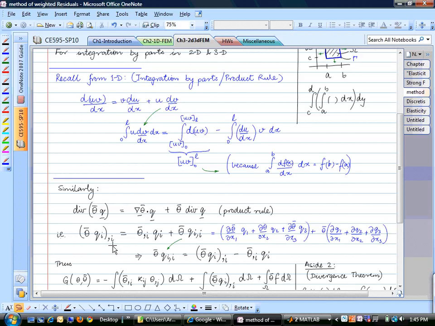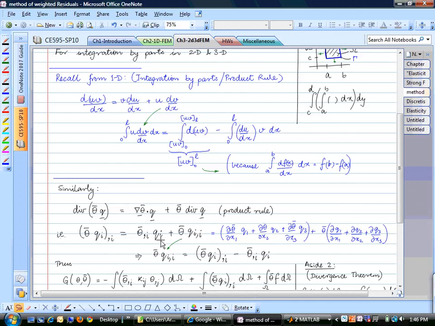So if you apply the product rule once again, what you would have is theta bar comma i, which is the derivative of theta bar, times q_i, plus theta bar times the derivative of this. So that's right here.